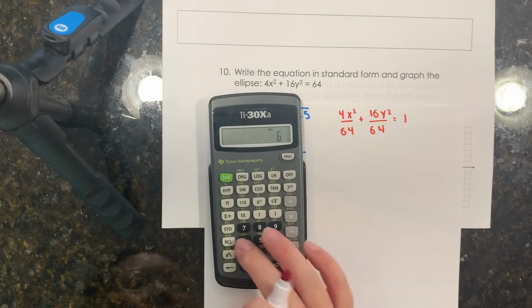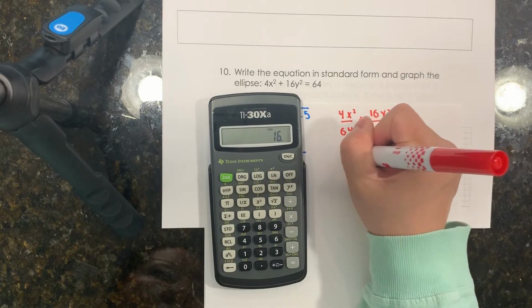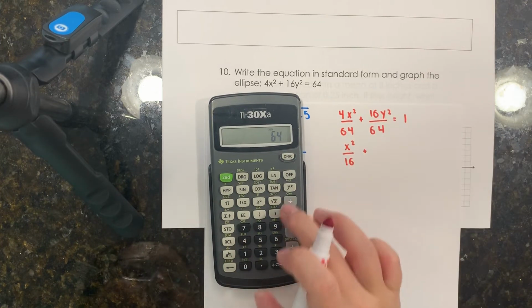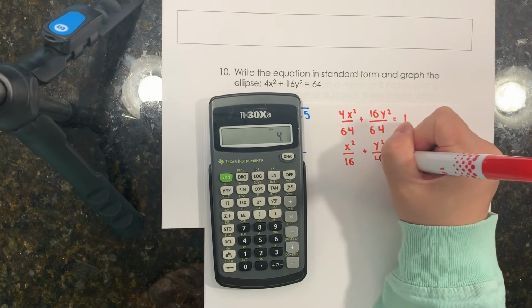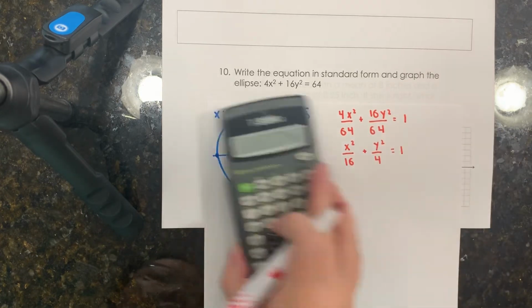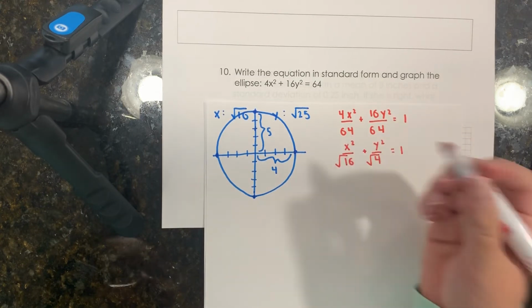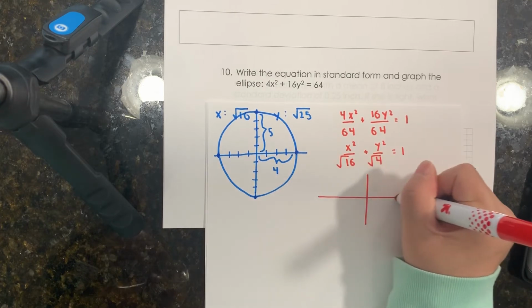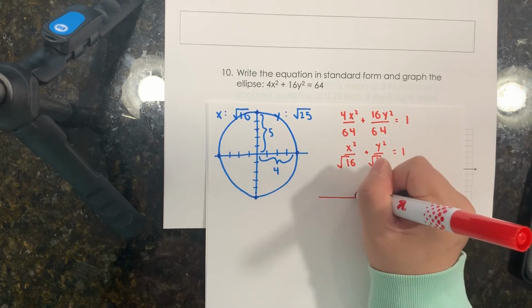So 64 divided by 4 is 16, so that would be x squared over 16. 64 divided by 16 would be 4. So y squared over 4 equals 1. You can take the square root of that, the square root of that. So 1, 2, 3, 4.